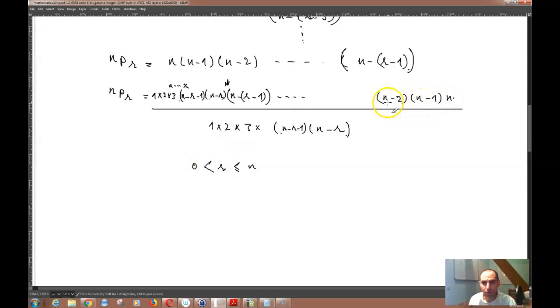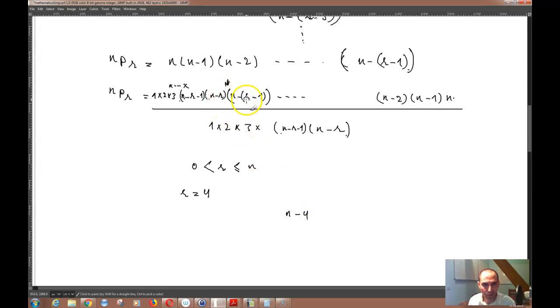So, for example, let's say that r is equal to 4. Then this term over here would be n minus r, which is n minus 4.